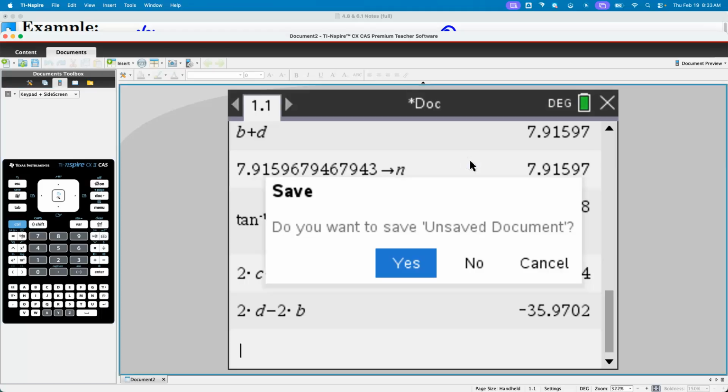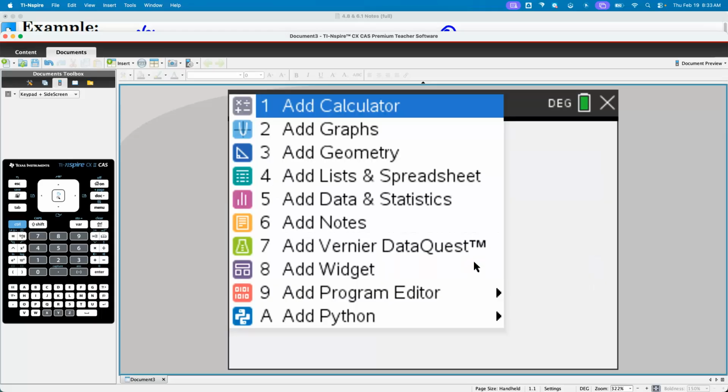Because what that does is by not saving it, it erases all of those saved values for you. Okay? So you don't have to be confused anymore. You get a fresh, clean slate. You can start a brand new document every problem. Okay? And you got a fresh, clean slate.